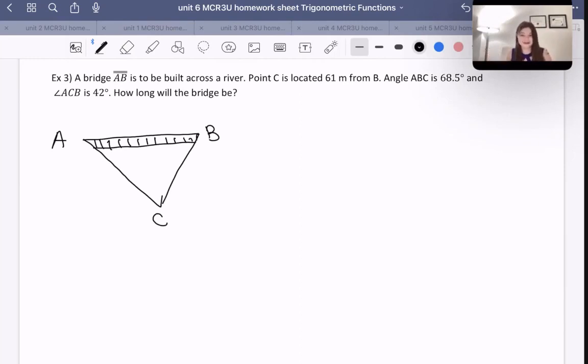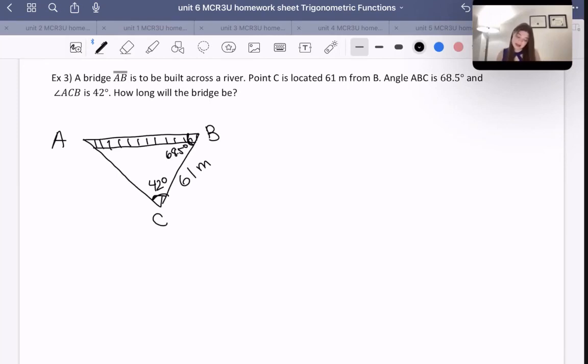There's my bridge. And it says that point C is located 61 meters from point B, so that means this is 61 meters right here. We also know that angle ABC, which is really angle B, right here, is 68.5 degrees. And we know that angle ACB, so angle C here, is 42 degrees.